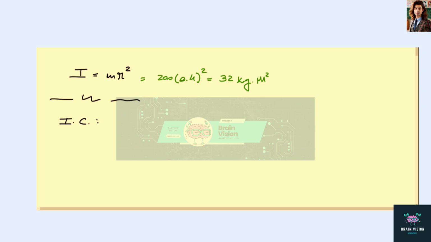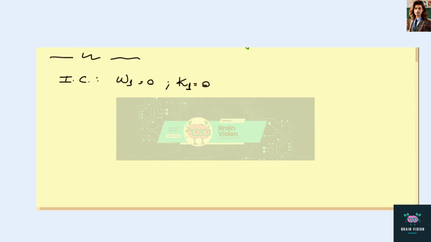The initial conditions of our system is the angular speed omega 1 equals 0, and the initial kinetic energy, let's call this K1, is going to be also 0, because in the beginning of the system the flywheel is not moving. Therefore we have the kinetic energy equals 0.